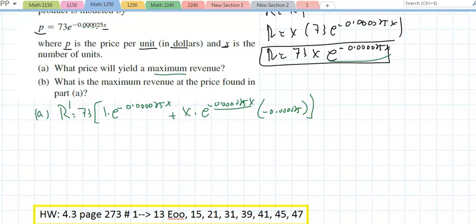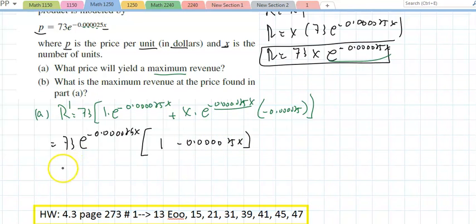Well, let's see. If I factor out e to the negative 0.000025x, 73 is multiplied by both, that will be 1 minus 0.000025x, right? So, where's this undefined?